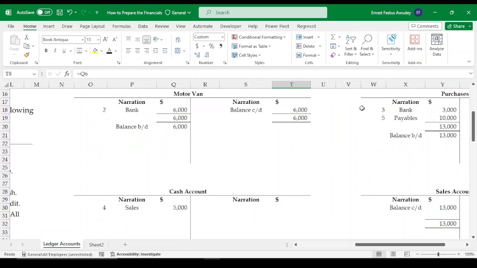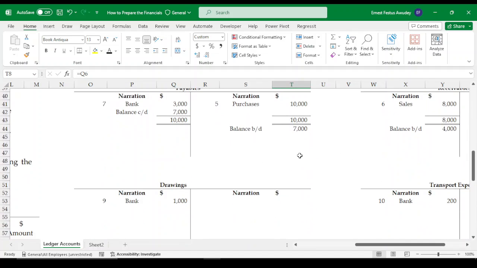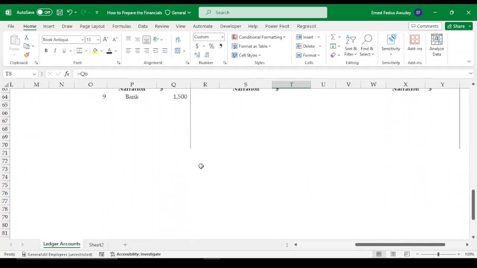Now, after balancing off your accounts, we extract what we call the trial balance. So I'll come here and write trial balance. So I have my trial balance, and it is prepared as at the end of the particular month or period which we are preparing the account.